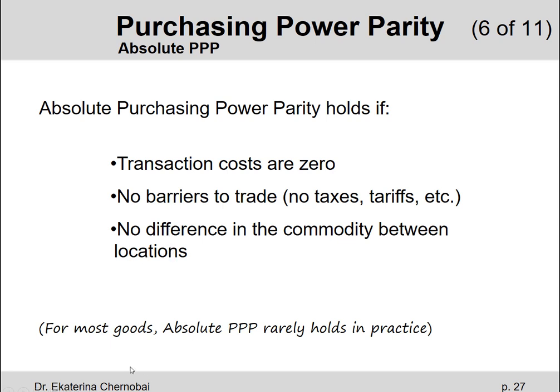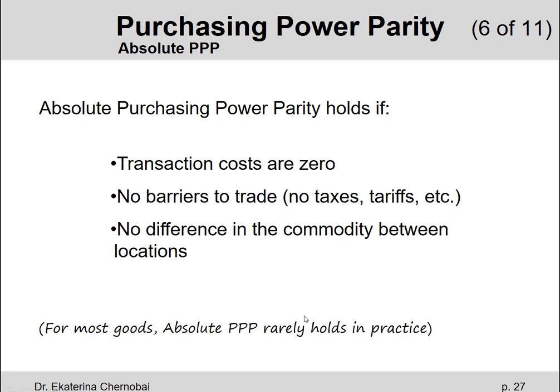But like mentioned earlier, absolute purchasing power parity rarely holds in practice, which means we rarely see that the price of some commodity in some country is exactly what it should be. So it's typically not true.